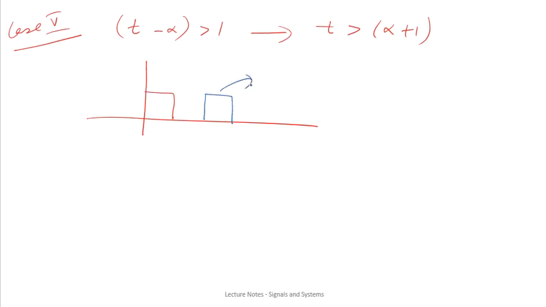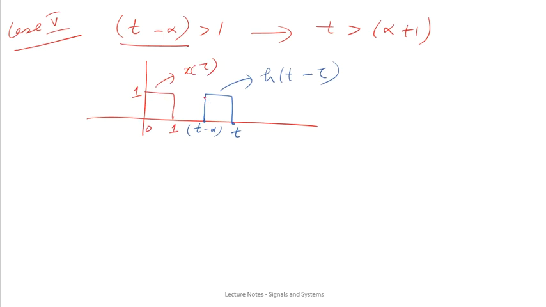This will be your h(t minus tau), this is t minus alpha, this is t, and this waveform is x(t), this is 1, this is 0, this is 1. So this t minus alpha is greater than 1, that means the signal is towards the right side of this x(tau).